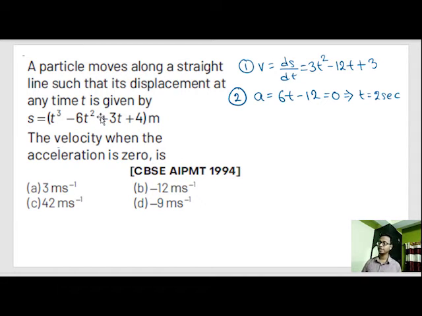So the question is asking to find the velocity when the acceleration is equals to 0, that is, at t is equals to 2 seconds. The velocity is given by the first equation. In order to find the velocity, we have to substitute t is equals to 2 in this equation.